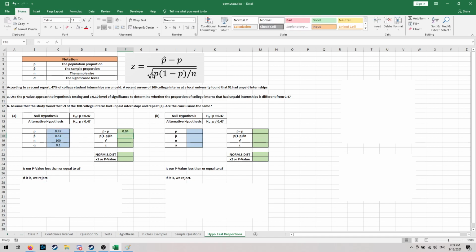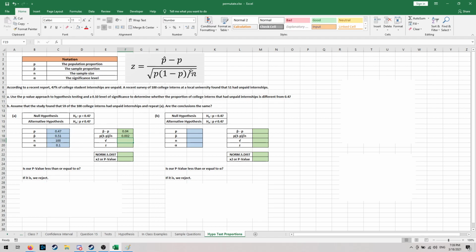Next, we're going to handle the bottom, underneath the square root. So this is going to be equal to the population proportion times, open bracket, 1 minus the population proportion, close bracket, divided by n, the number of people in our sample.